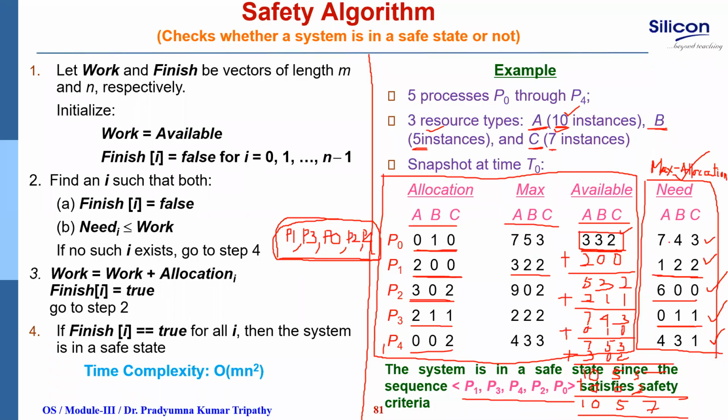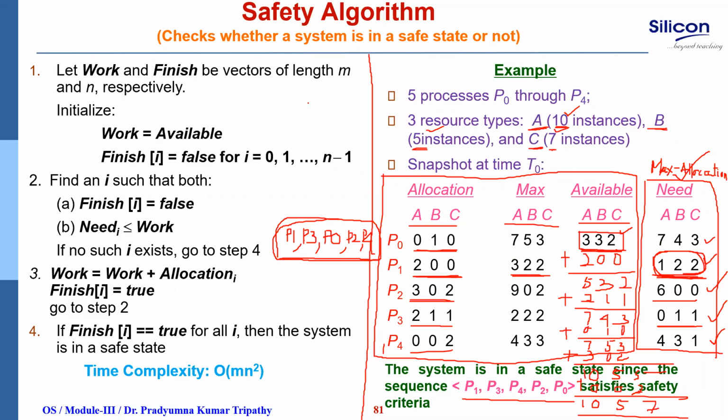If the process demands more than need, that means it is an error. The max it has already declared, out of that some are allocated, so these are left. The process must request any value within this. It cannot exceed this value. If it demands more than this value, then it is an error.